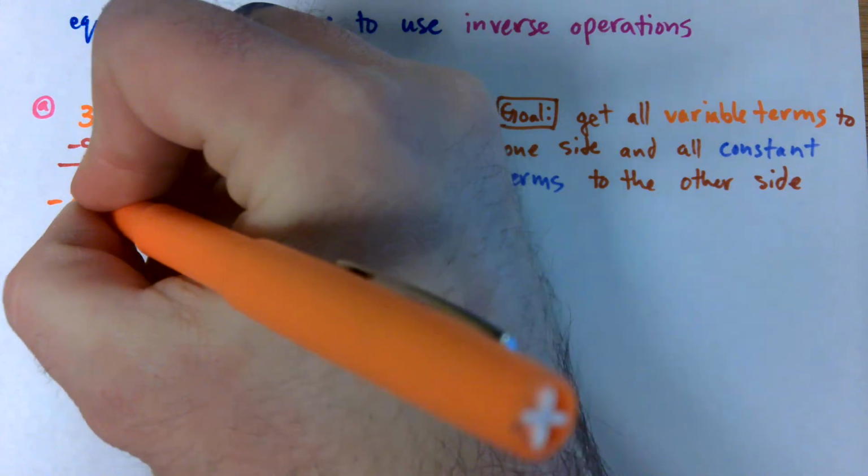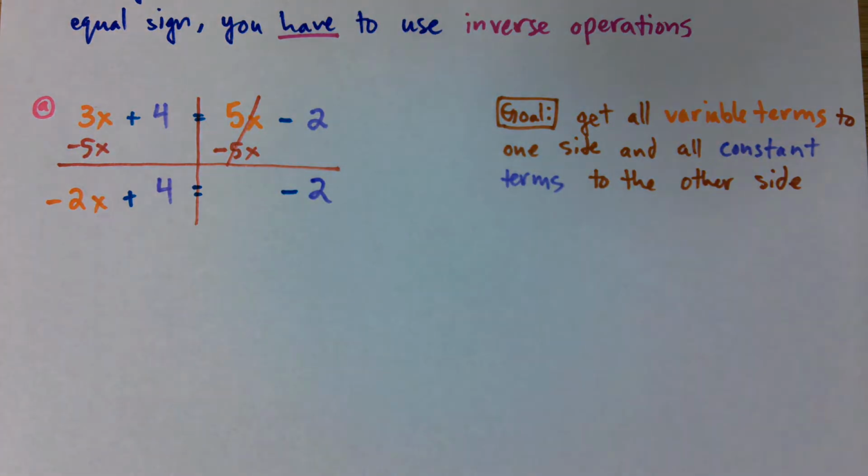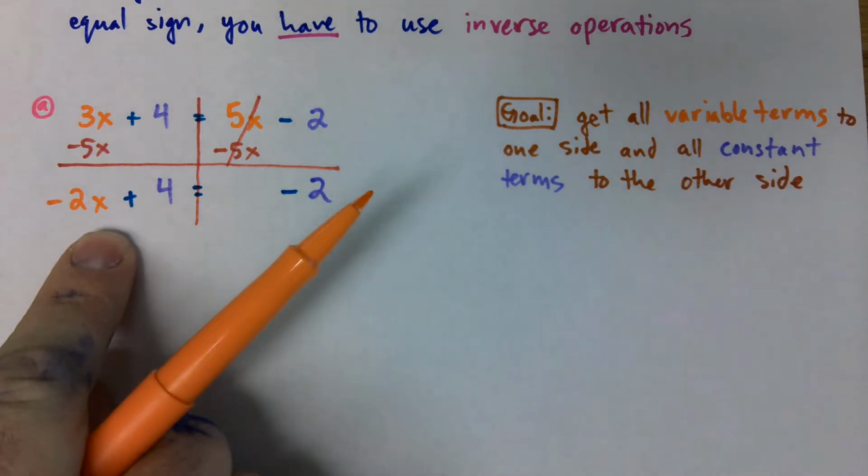Negative 2x. That's our whole term right there. The coefficient would be negative 2, but the term itself is negative 2x. It's the whole thing. So it's the exact same as if we were subtracting a whole number or an integer from one side to the other, except we have an x attached.